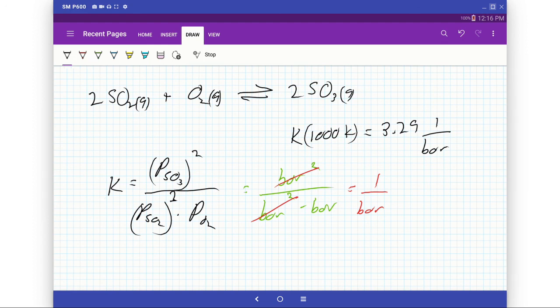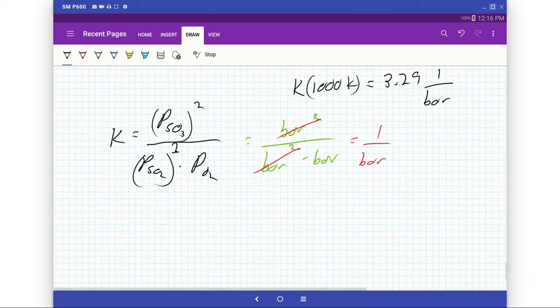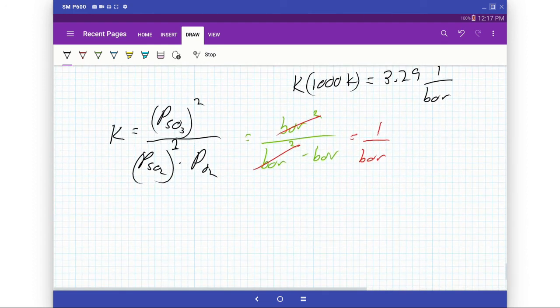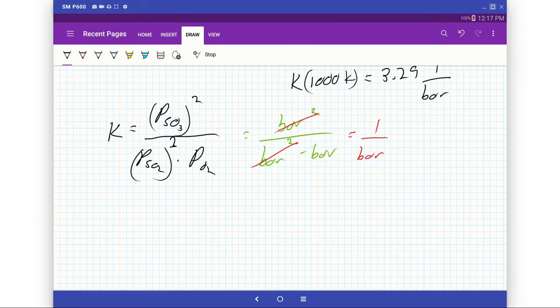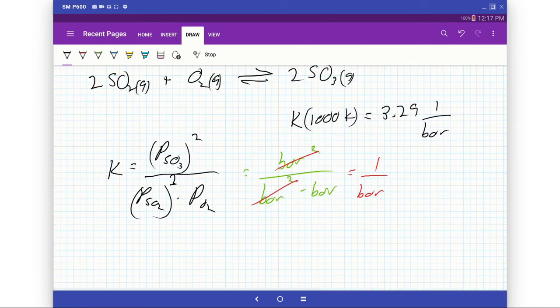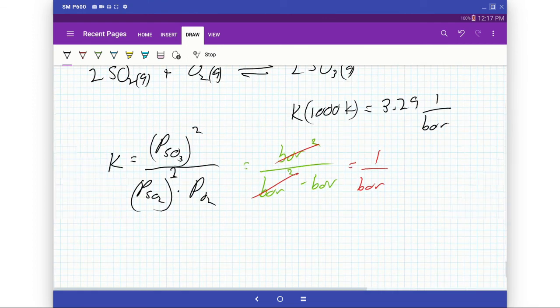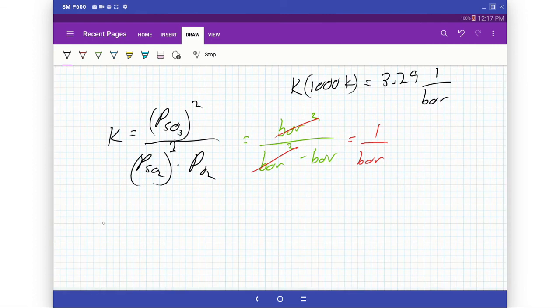For our purposes, we have to convert this Kp to a Kc value. And so we have the relationship Kp is Kc RT to the delta N gas.